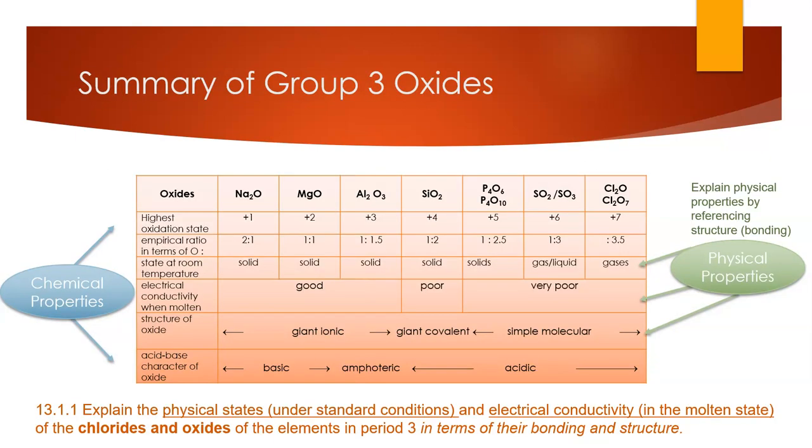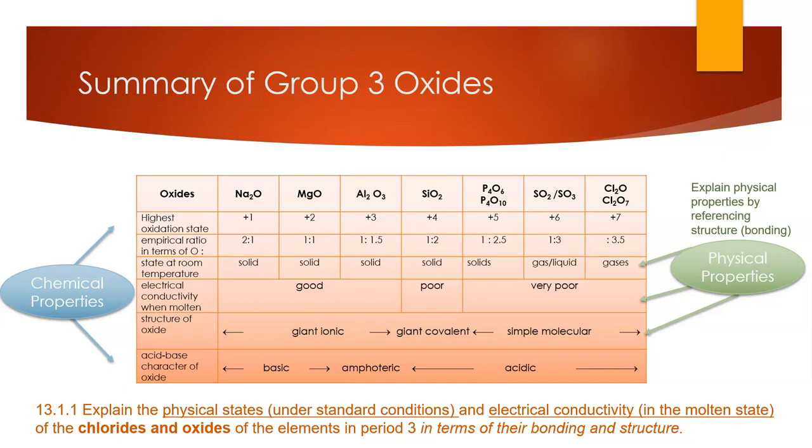So if we summarize our group 3 oxides, we can have a look at their oxidation states, remembering that the oxidation states can be calculated from the formula of the oxide. We can look at their acid and base character: group 1 and group 2 are basic, aluminium is amphoteric, and then post-aluminium we are acidic, which is the same trend that you learnt for HL.